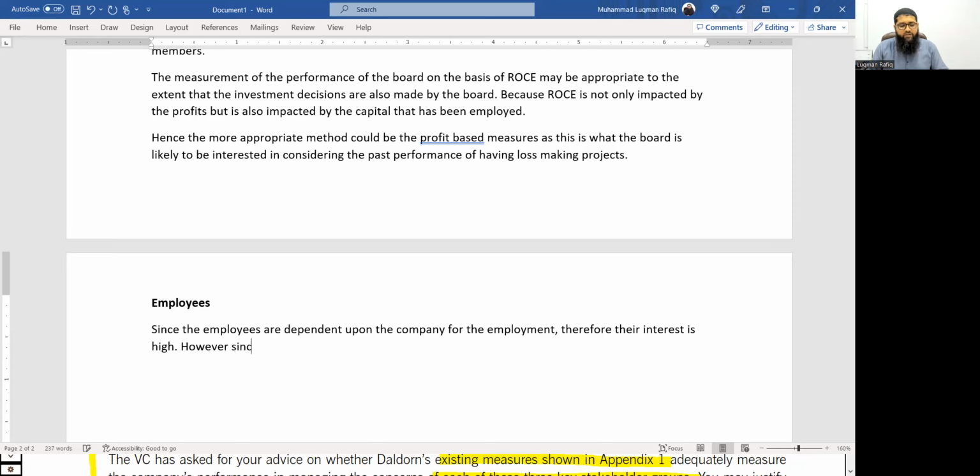However, since the employees are unskilled or less skilled, therefore their power would be lower, as even if these employees leave, they shall be easily replaceable.